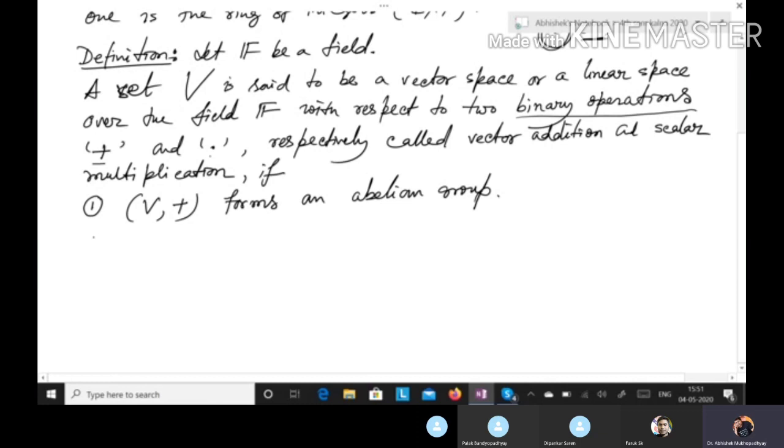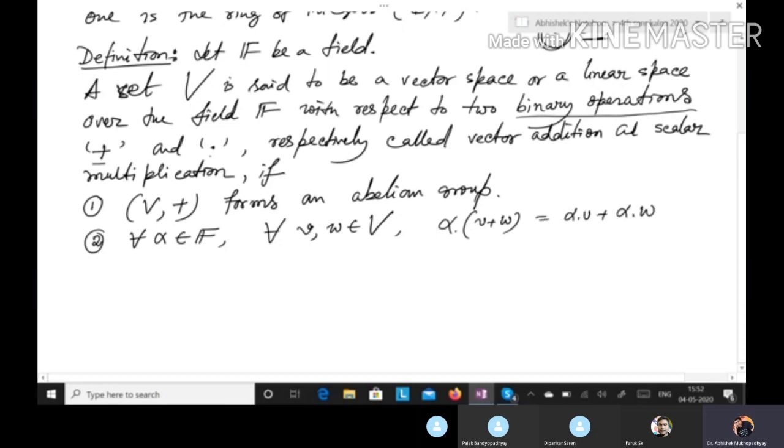Number two, for all alpha belonging to F, for all elements v, w belonging to V, we have alpha dot (v plus w) equals alpha dot v plus alpha dot w.